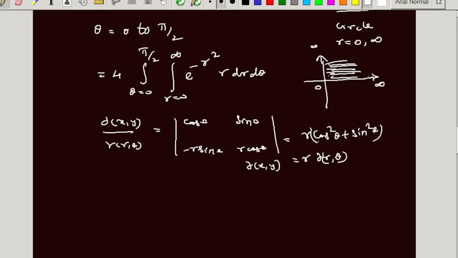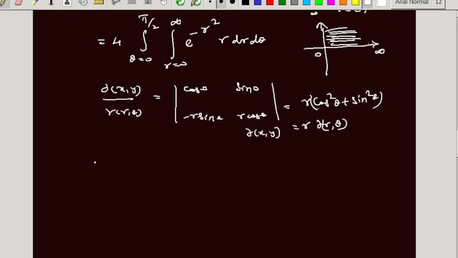So here we can write gamma 1 by 2 whole square equal to 4 times integration theta 0 to pi by 2, integration 0 to infinity, e power minus r square, r dr d theta.